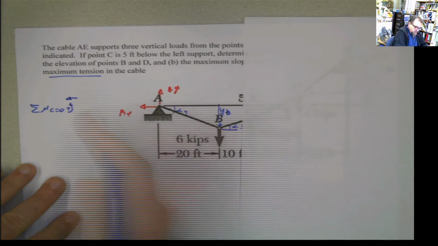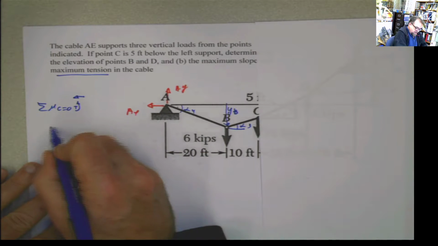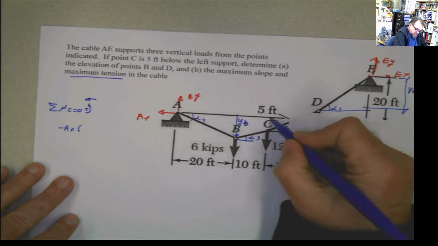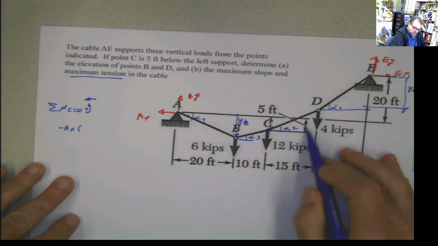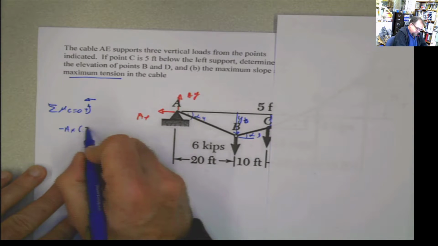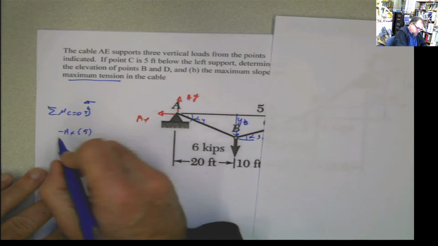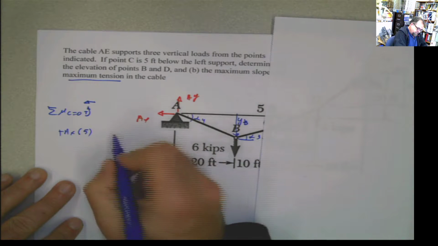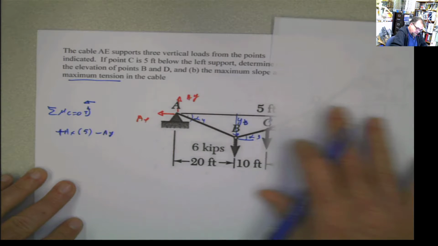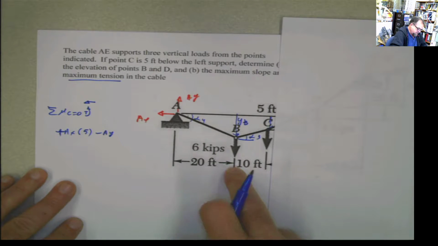Selecting only this part, the left side of that, I can say negative AX multiplied by this height, and this height is given, it's 5 feet. So by 5, minus AX, minus AY multiplied by this distance, and this distance is 30.